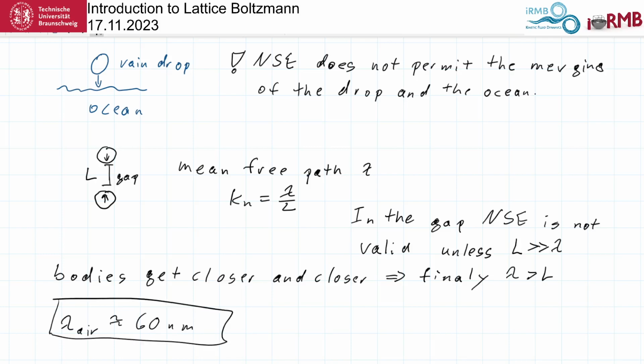So this is where the Navier-Stokes equation is at its end. And you see 60 nanometers is a small length. So you can use the Navier-Stokes equation a long way, but not all the way when bodies really get into contact. Then it's over.